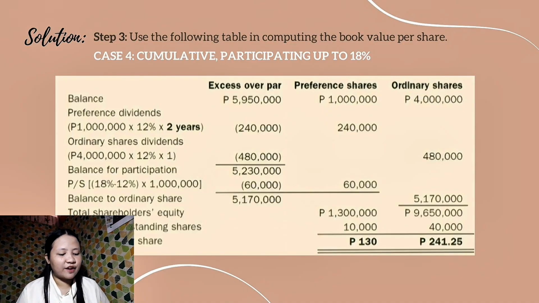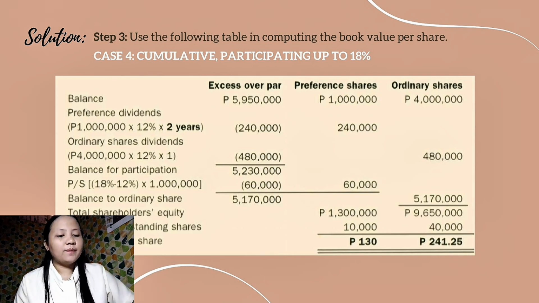Where did this 5,170,000 come from? We deducted the 60,000 from the balance for participation of 5,230,000. So, 5,230,000 less 60,000 equals the remaining balance to ordinary share of 5,170,000.